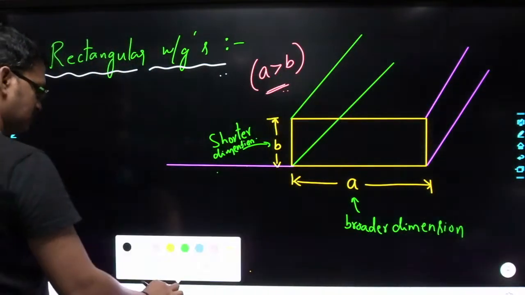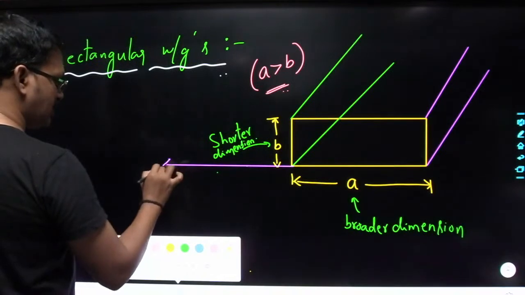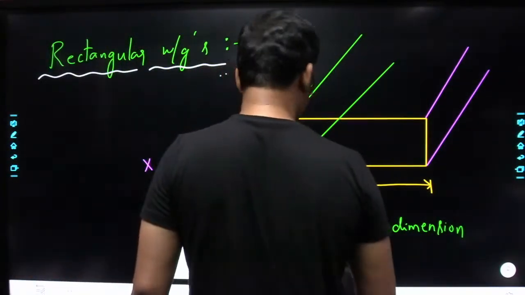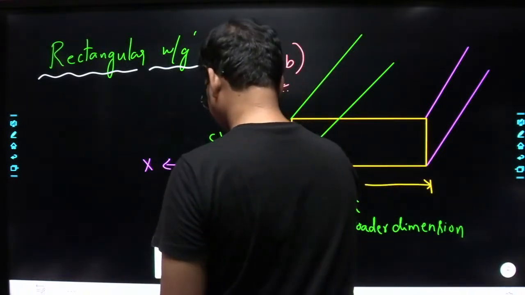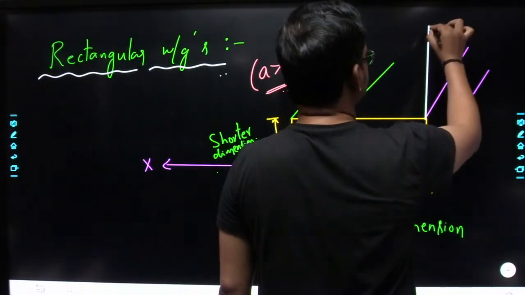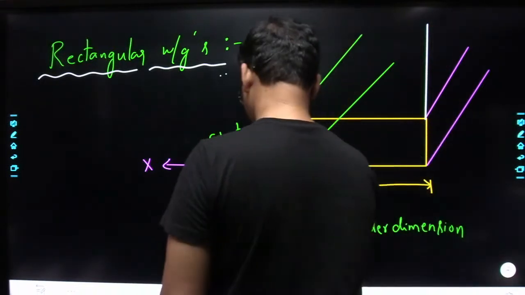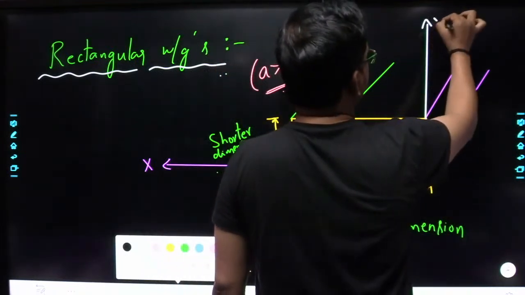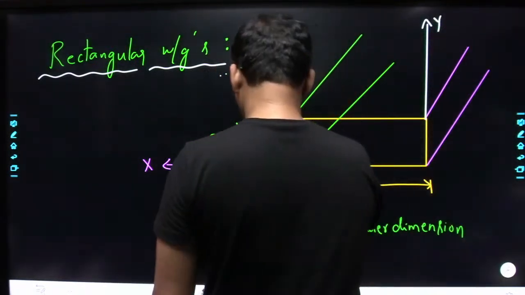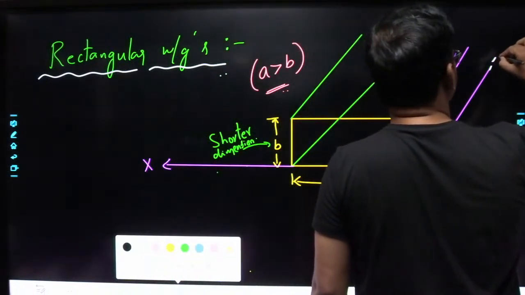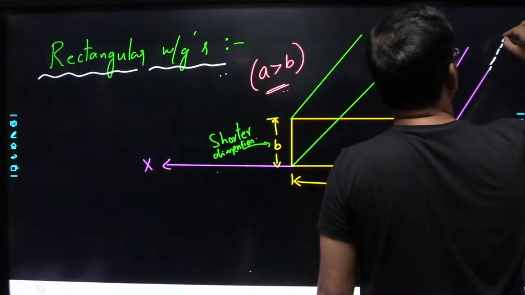On this side, this axis I am considering as the x axis, and this axis I am considering as the y axis. This axis I am considering as the z axis.